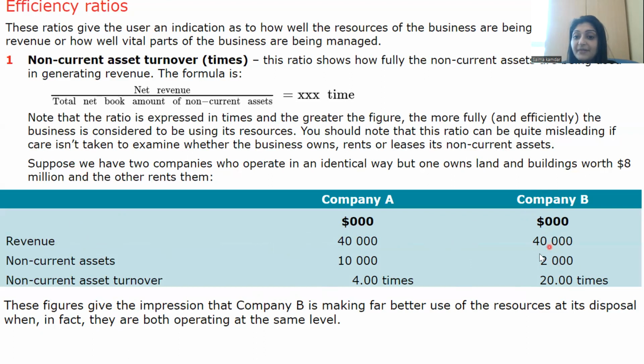However, company B is using fewer non-current assets to generate the same amount of revenue which company A generates by using 10,000. So your non-current asset turnover ratio tells you how efficiently you're using your non-current assets to generate the revenue. Okay?